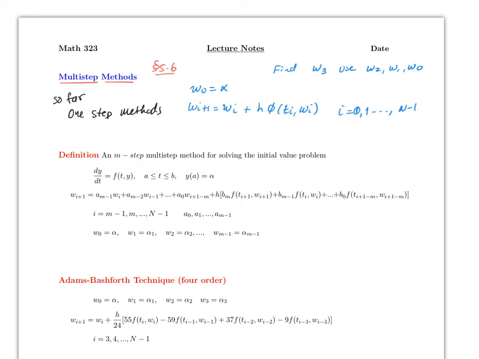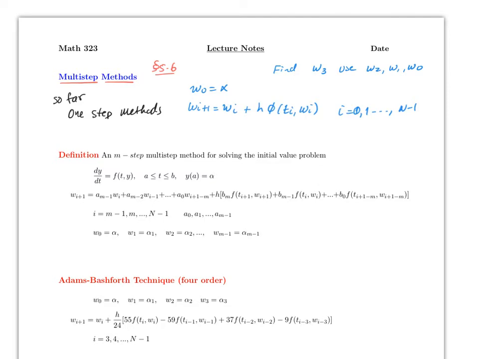And then the function phi also depends on the previous values up to, and including, the value itself that you're trying to compute.